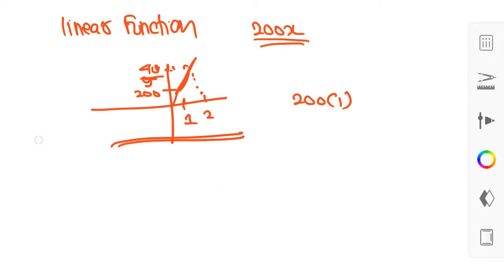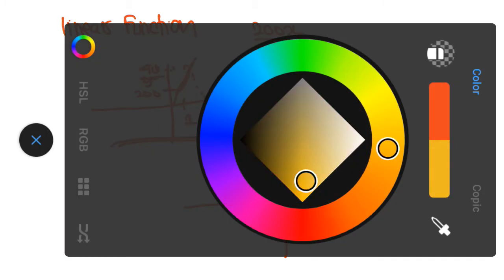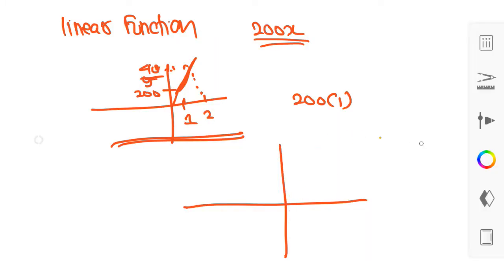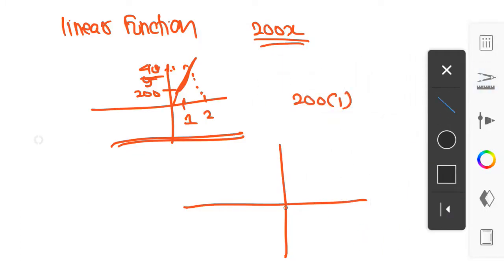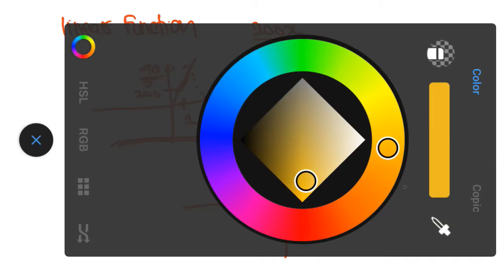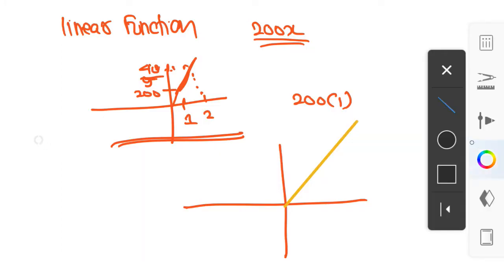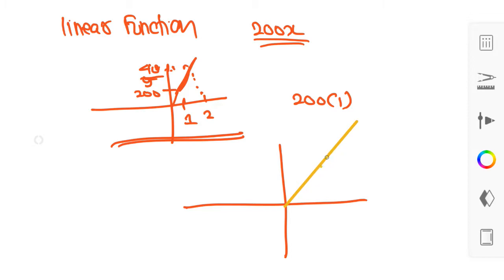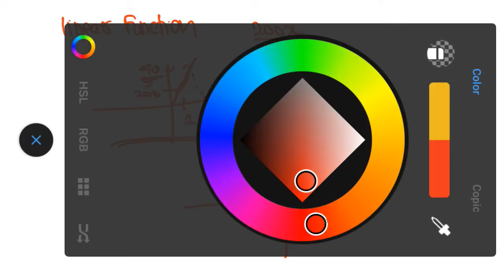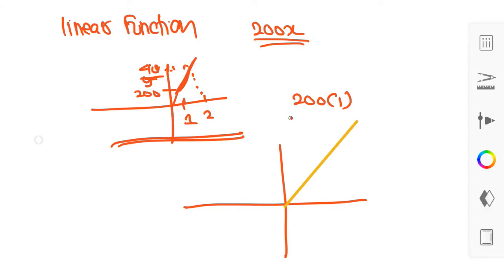But the problem with a linear function is this. Suppose we have a line going from here to here, and we have two kinds of points.